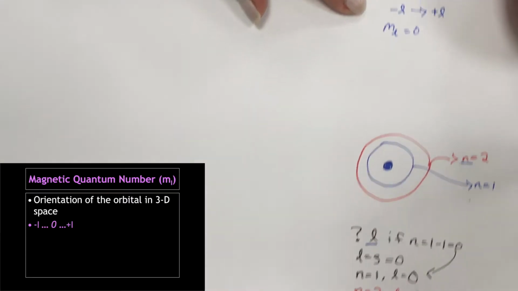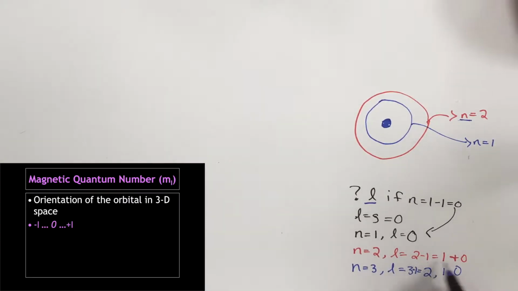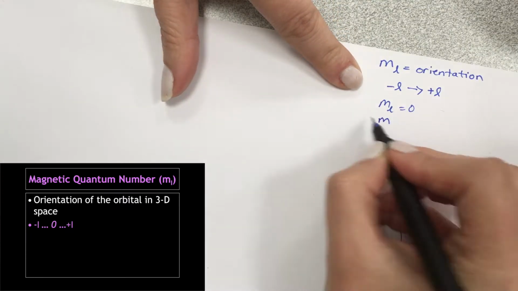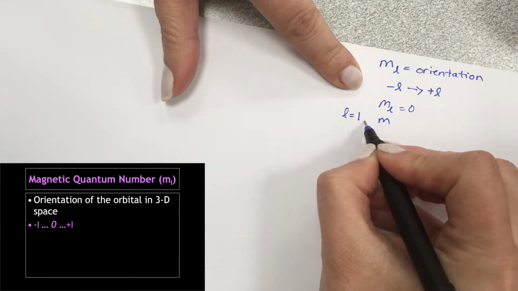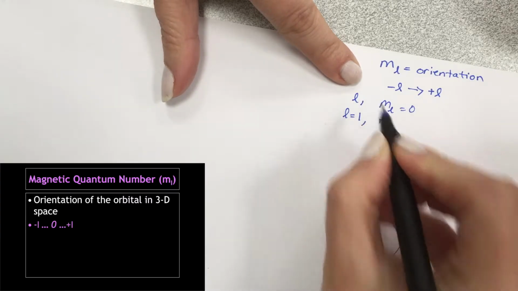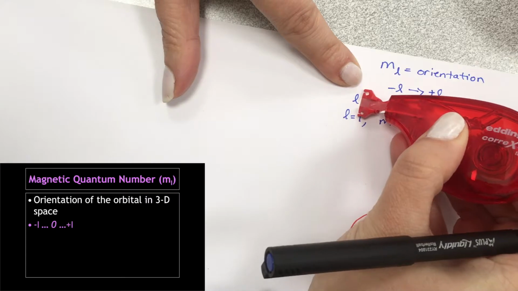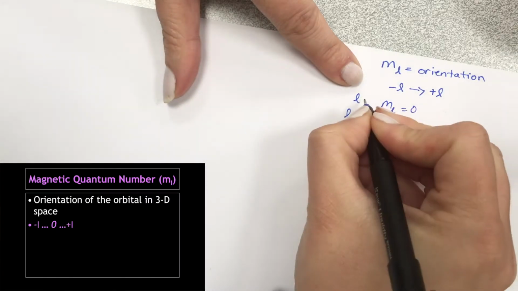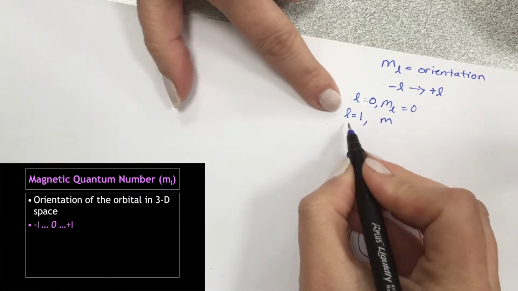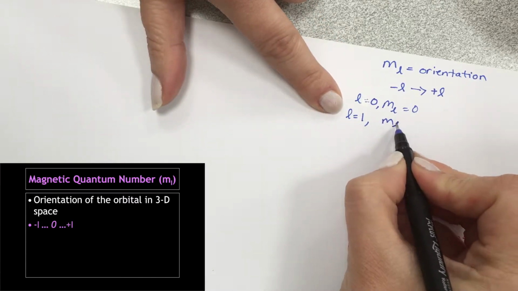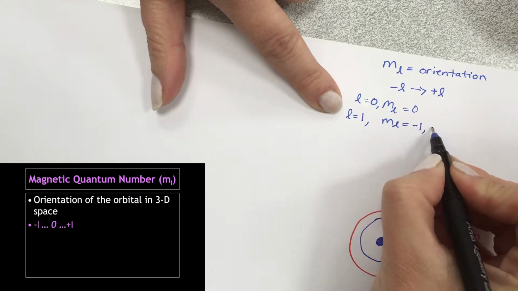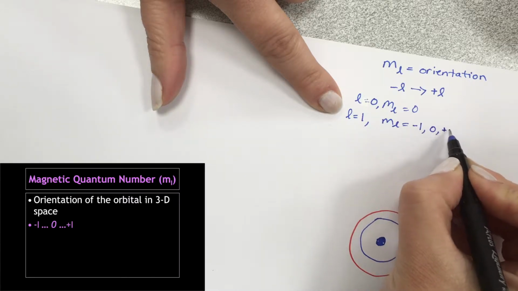If L equals 0, then m equals 0. If L equals 1, then m sub L would equal minus 1, 0, plus 1.